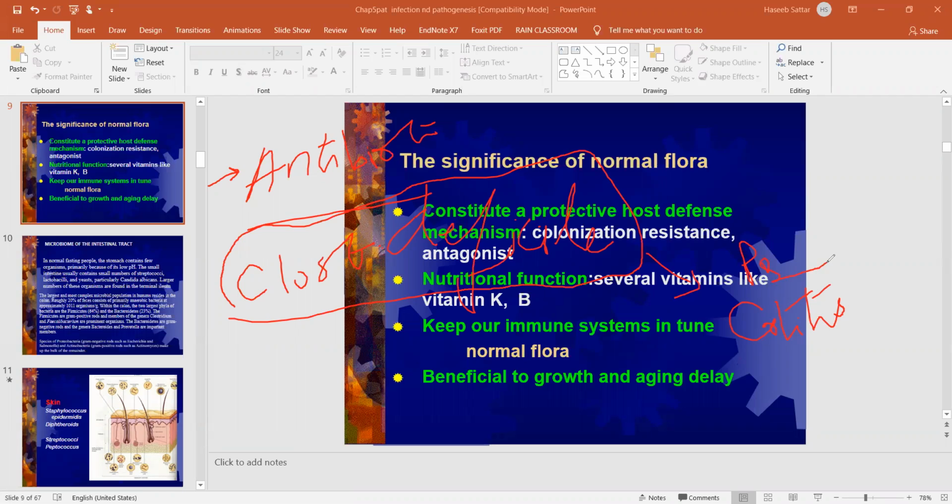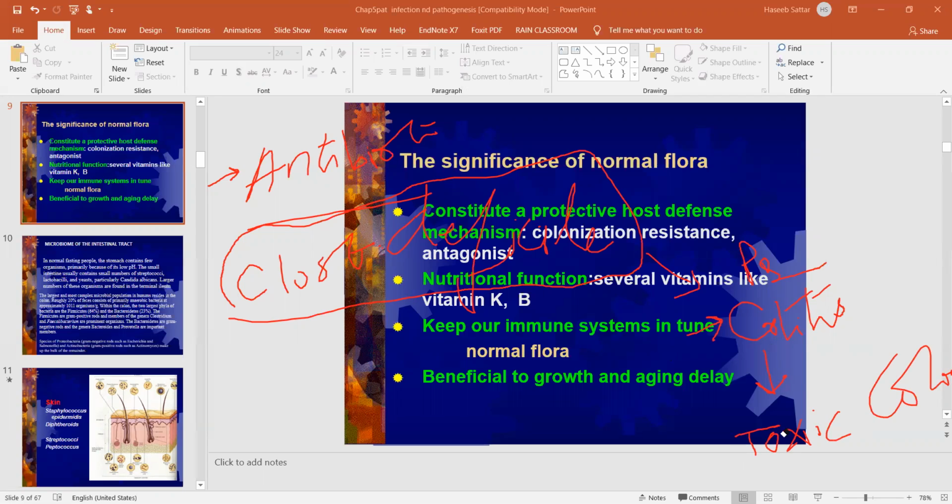Utilization of broad spectrum antibiotics will alter the normal flora of the gut, and this will lead to colitis, inflammation or infection of the colon. Remember, pseudomembranous colitis is a life-threatening condition. Clostridium difficile leads to a toxic colon, and the patient may die because of this situation.